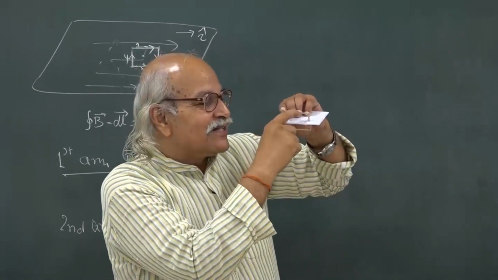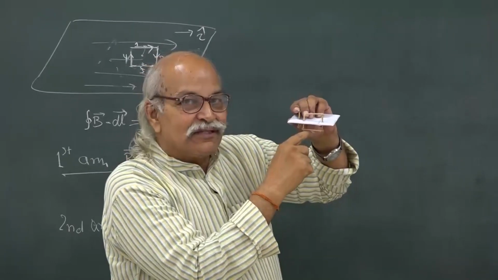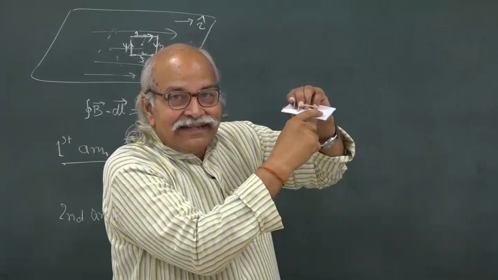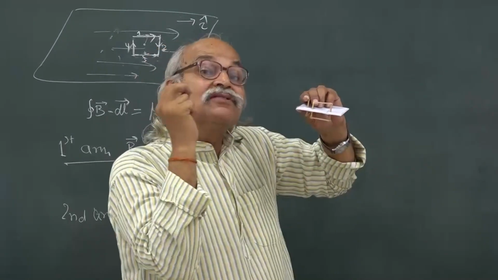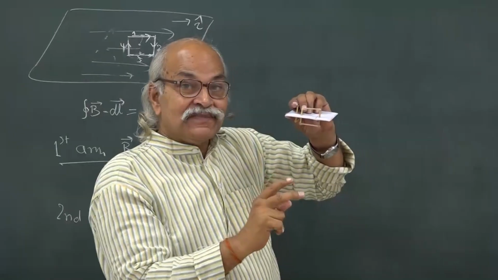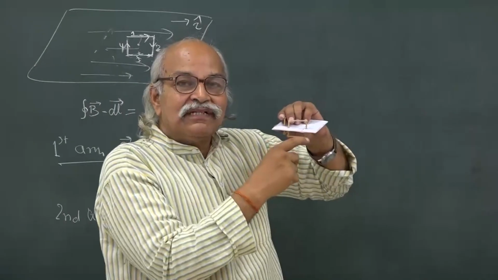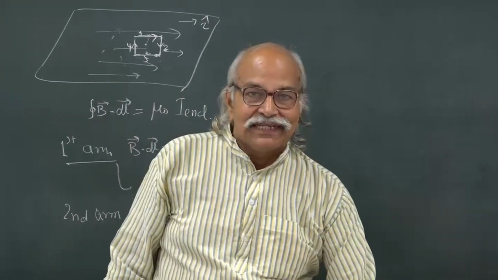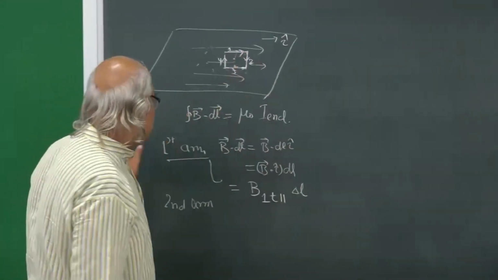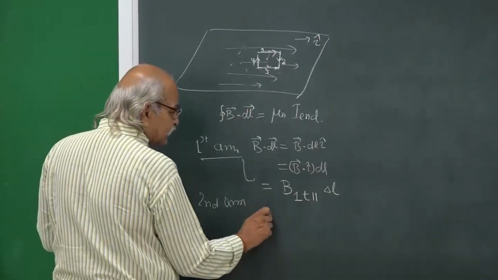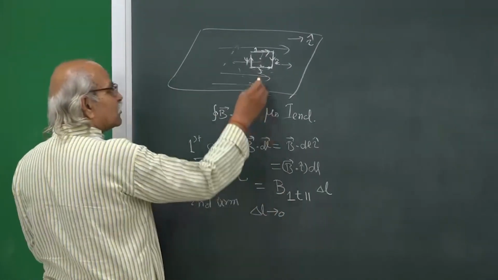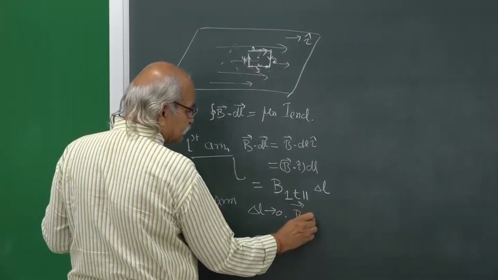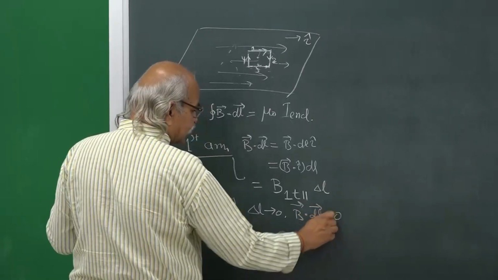That means the length of this vertical line is nearly 0. And if the length itself is 0, then B dot dl will be 0 anyway. So, on the second arm, since delta L is going to 0, we are talking of just above and just below, therefore this B dot dl is 0 on the second arm.